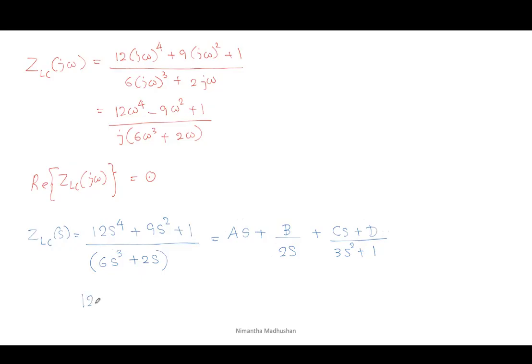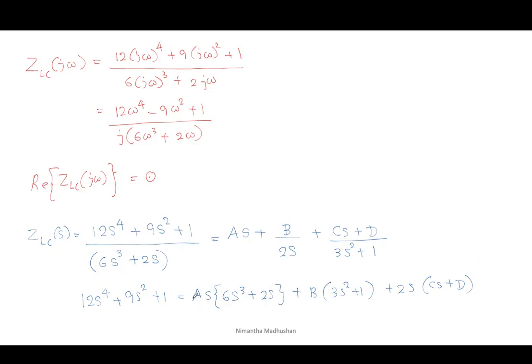Then I obtain 12s to the power 4 plus 9s squared plus 1 is equal to As times (6s cubed plus 2s) plus B times (3s squared plus 1) plus 2s times (Cs plus D).